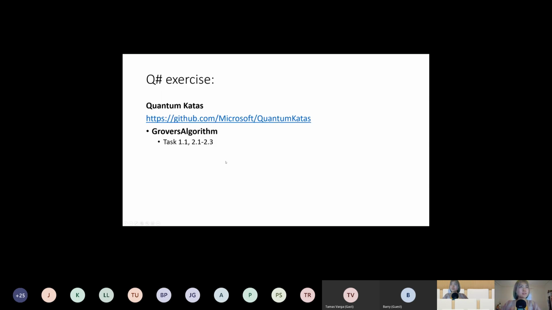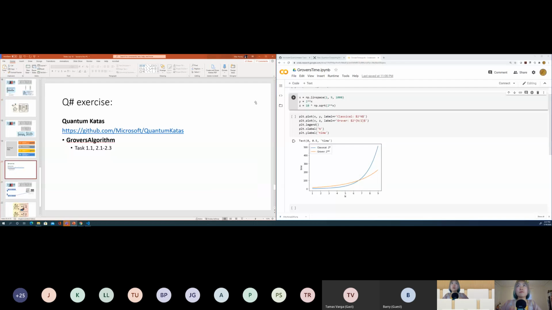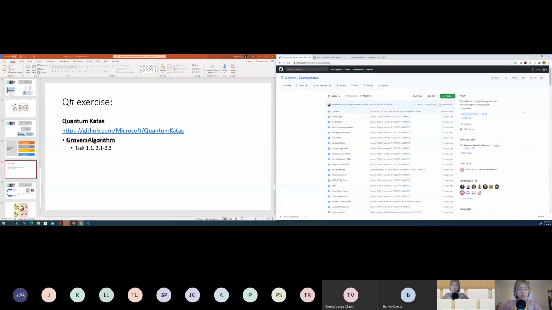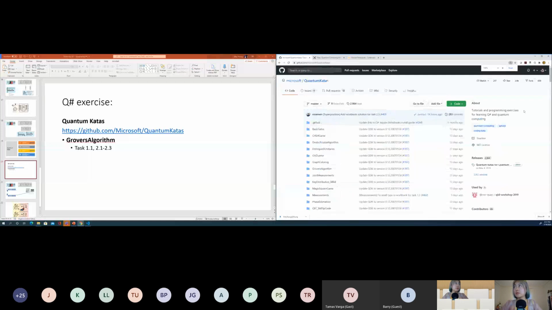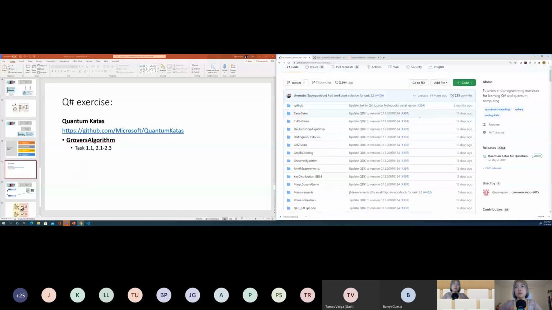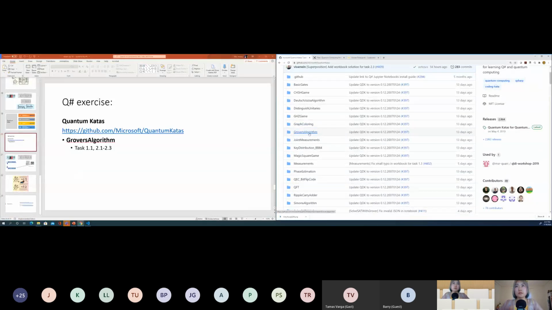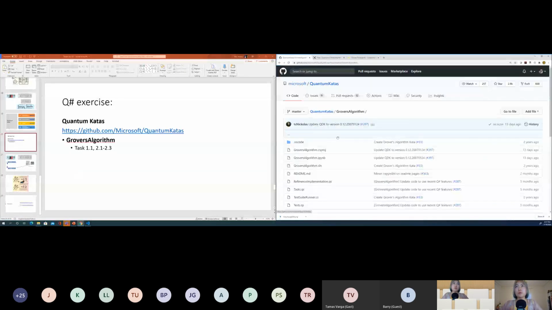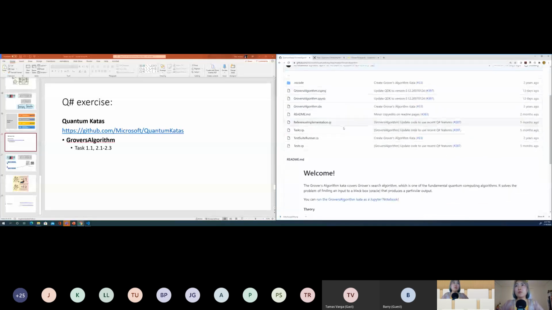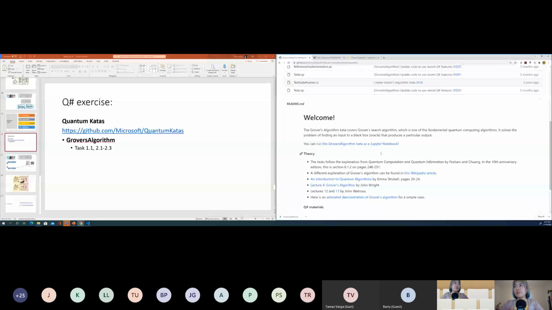So let's go to the katas. I will show both of my screens now. Do Control+ to hopefully increase the text size for you, and you can also do it on your screen. The Grover's one is this Grover's algorithm folder. Now we will use the Jupyter notebook.